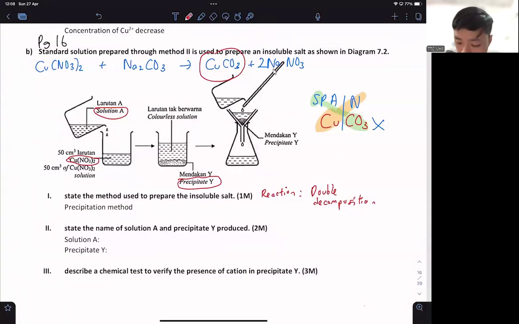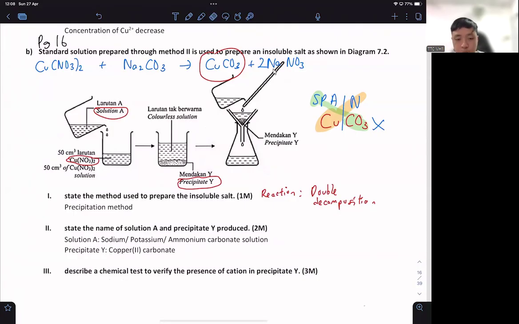Then my A, I can get sodium carbonate. Of course it can be sodium, potassium, or ammonium. Precipitate Y should be copper 2 carbonate.